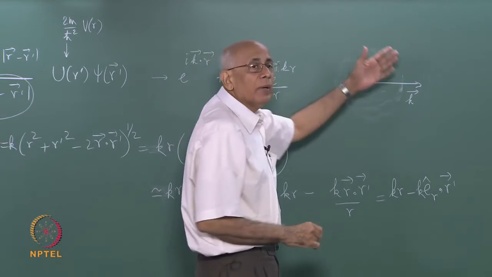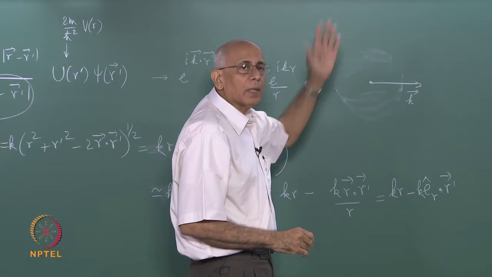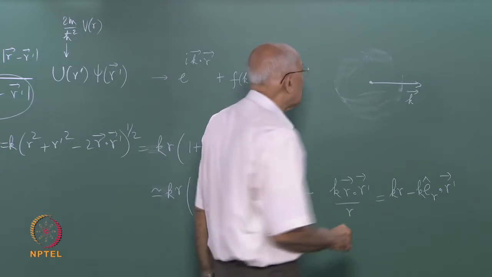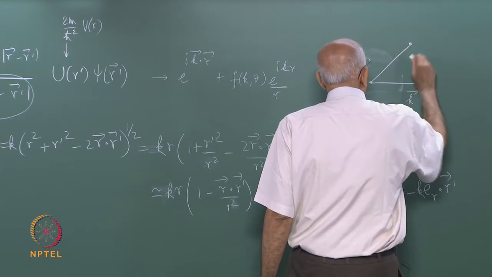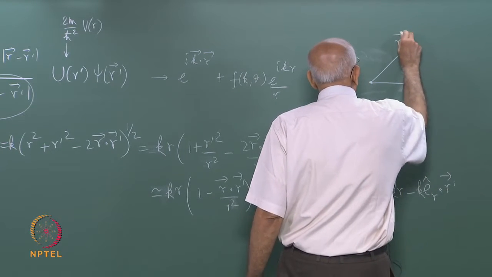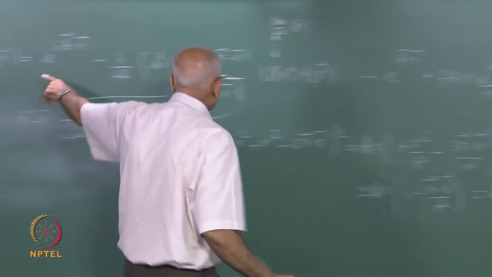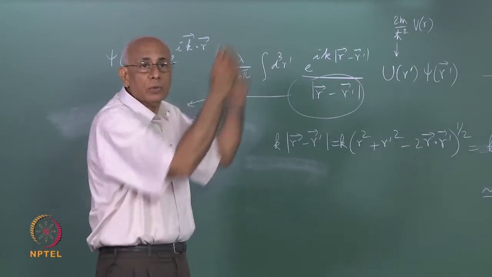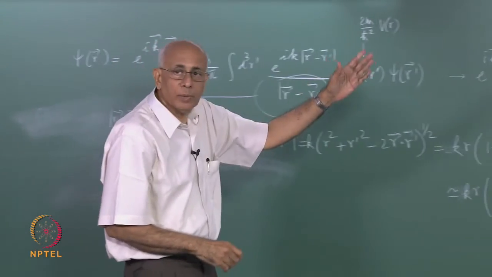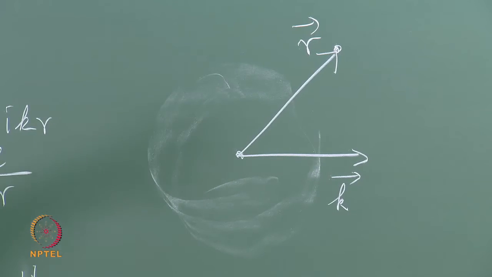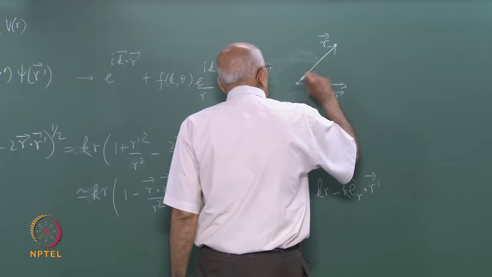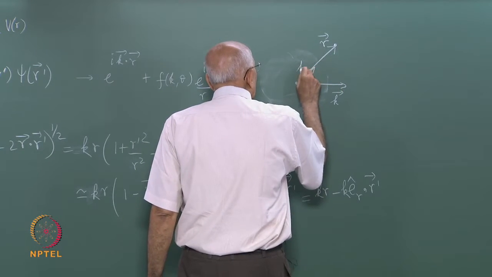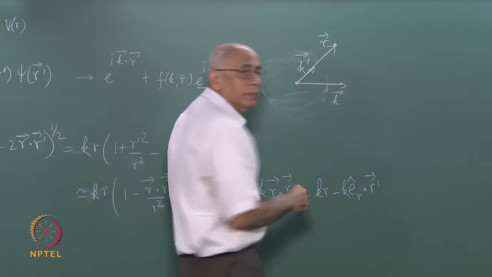Now we are looking at the wave function at some arbitrary point r in space, for very large values of the magnitude of r in some arbitrary direction. That is where my detector is, for example. Obviously that is also the direction of the scattered wave k prime.